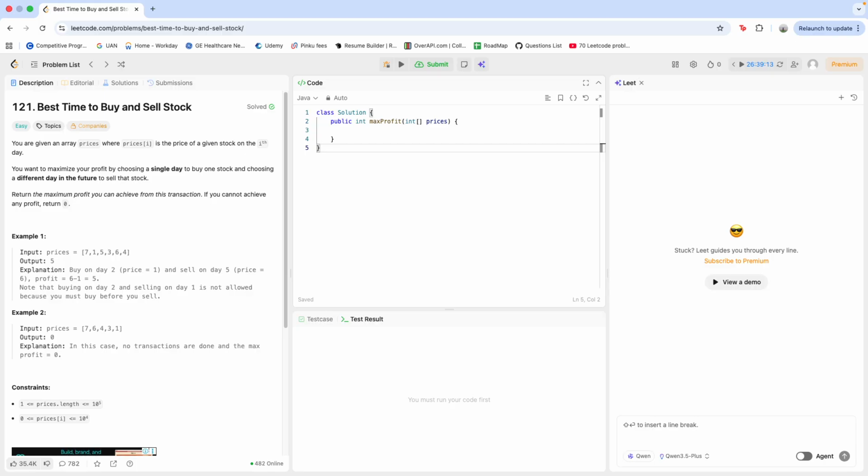This is where the greedy algorithm comes in. So what is a greedy algorithm? In simple terms, a greedy algorithm means making the best decision at each step, hoping it leads to the optimal overall solution. In this problem, at each day we update the minimum price so far and the maximum profit so far.